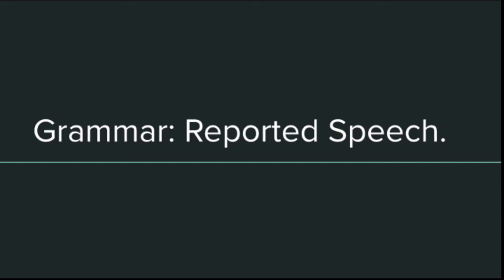Now we are going to learn what indirect speech is. I hope you have understood direct speech. In indirect speech, we report the speaker's words without using quotation marks. In indirect speech, also known as reported speech, we report what someone has said using an introductory reporting verb, asked, replied, etc., and a reported clause.